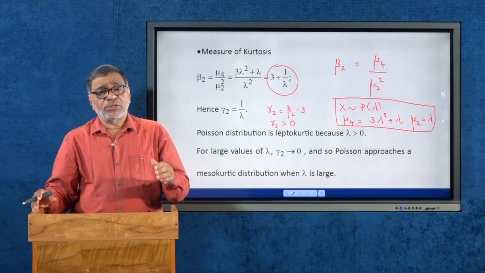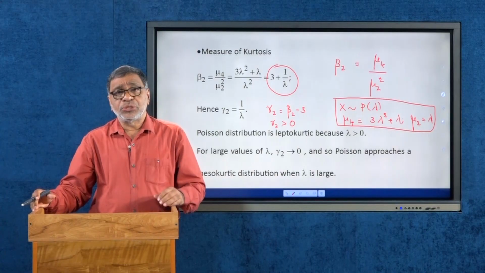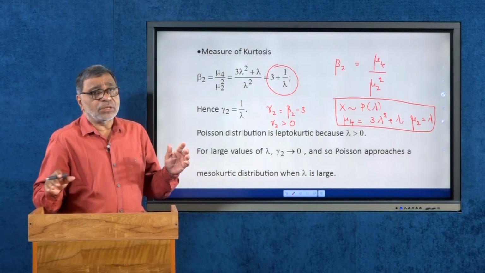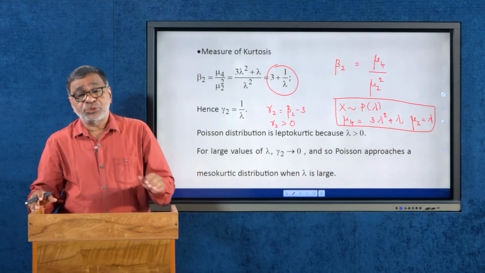So, the Poisson distribution is always a leptokurtic distribution. And one thing you can note here: gamma 2 is derived as 1 by lambda, so for large values of lambda, gamma 2 tends to 0.